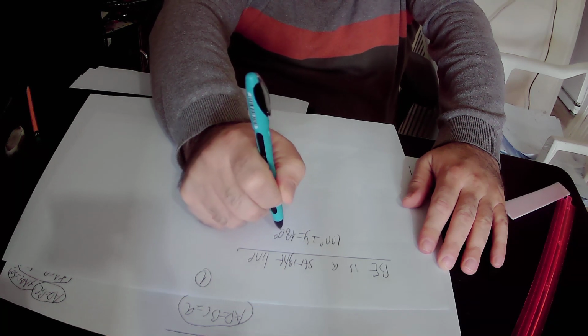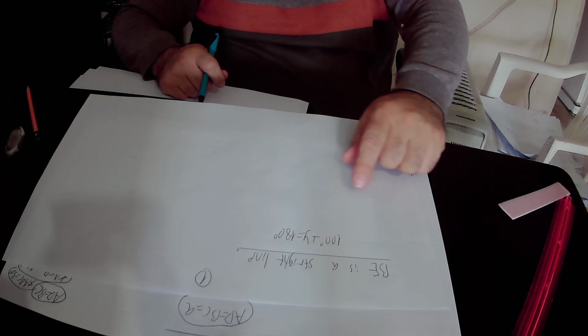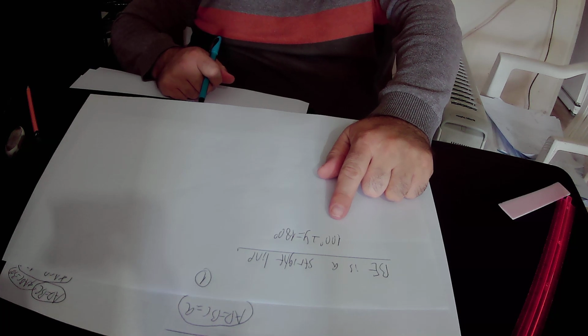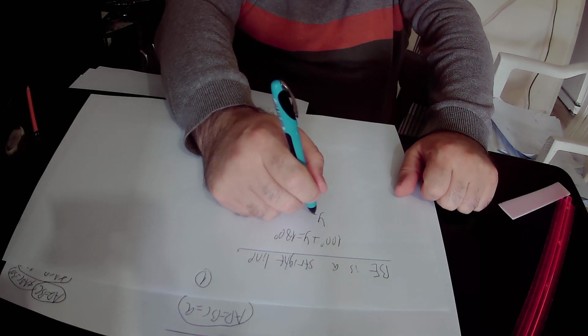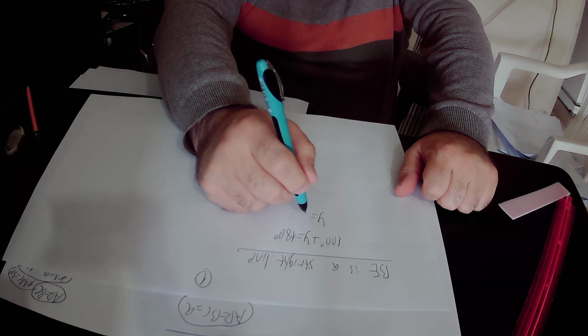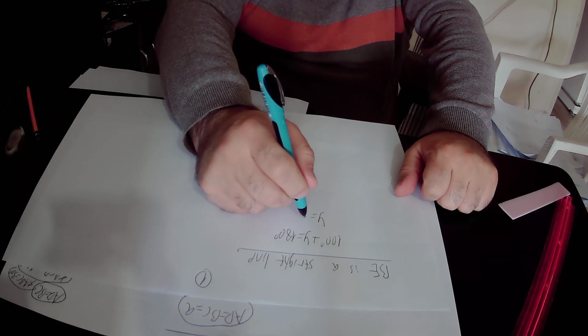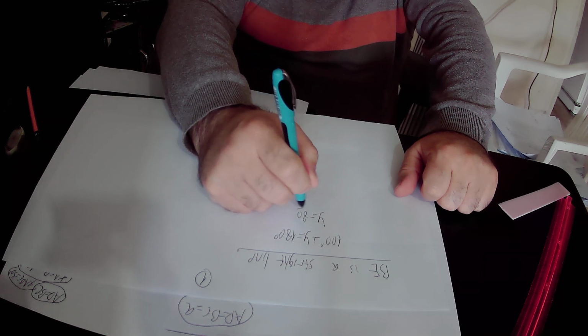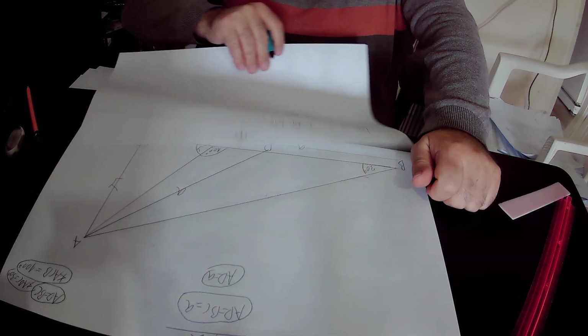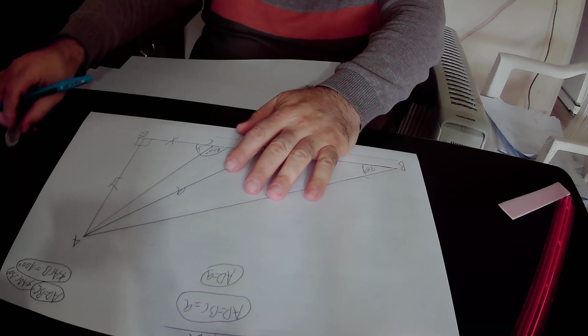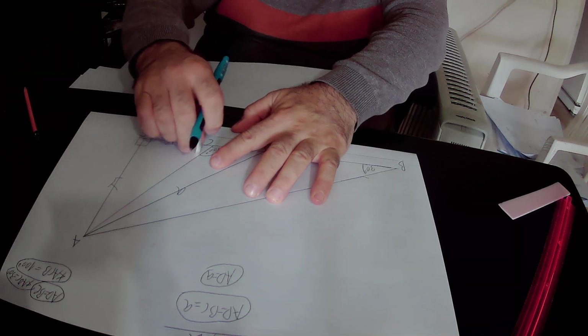Subtracting 100 degrees, angle Y equals 180 minus 100, which is 80 degrees. So angle Y equals 80 degrees.